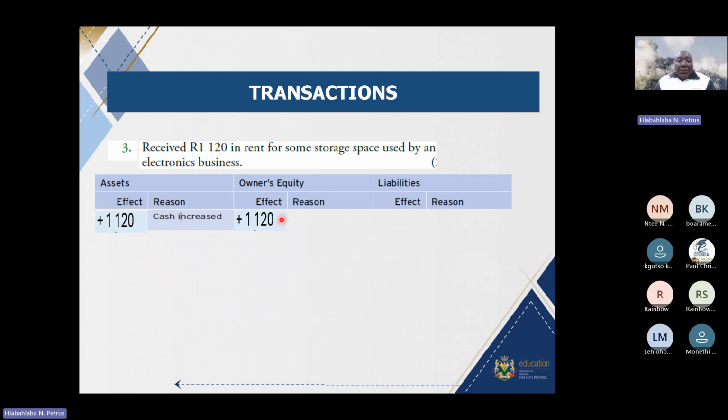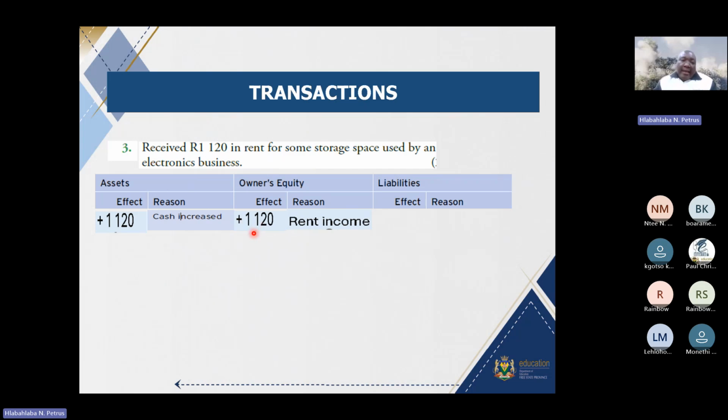And then under the owner's equity it is also going to be 1,120. The reason is the rent income. Because we have rented, this money coming into the business is rent income.